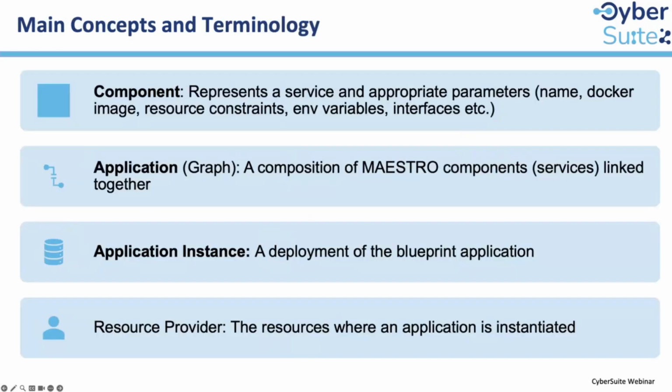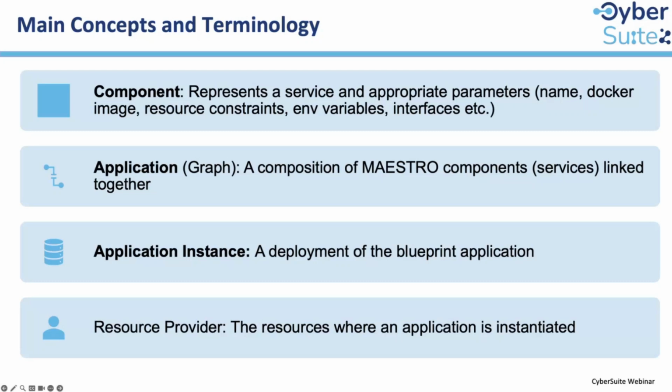There are some main concepts here. We use components by creating a service, and then we create an application. Typically, a component is a container, while an application is a composition of components that are linked together, and each of the components can scale in the way that it's needed.